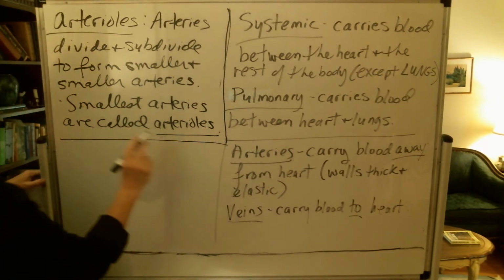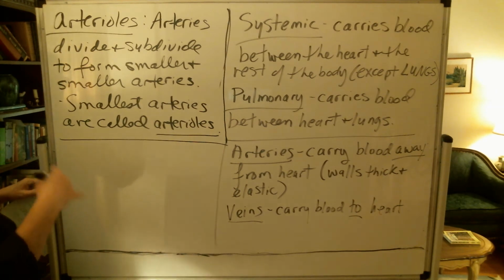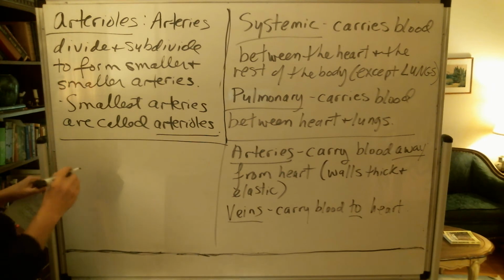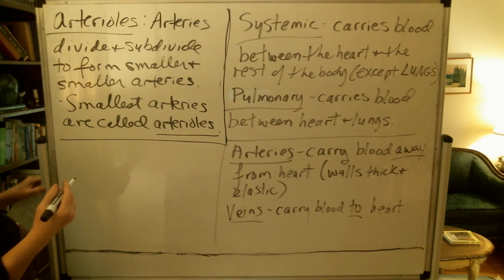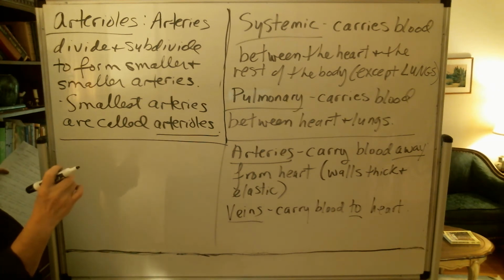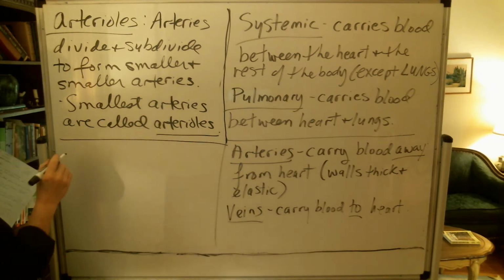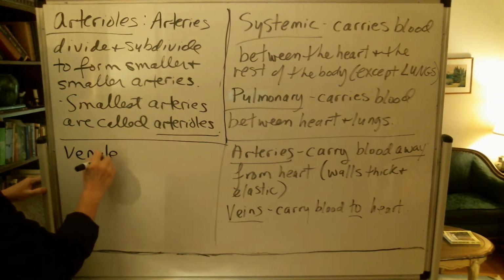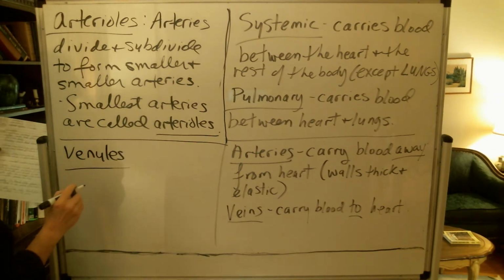So that then is how you get the term venules. You have the same concept with veins, where you have large veins that are in fact what the blood flows into from ever smaller and smaller veins. And your smallest veins then are called venules.